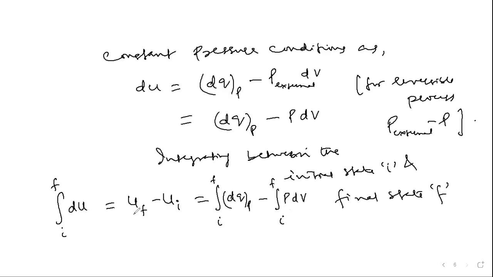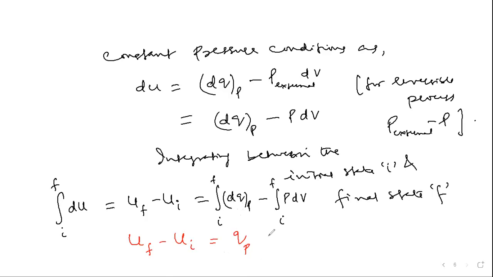Since internal energy is a state function, the integral dU from I to F is simply UF minus UI, UF being the internal energy in the final state and UI being the internal energy in the initial state. When I integrate this heat, it is just the total heat put into the system at constant pressure, or total heat which moves across the system and surroundings at constant pressure.